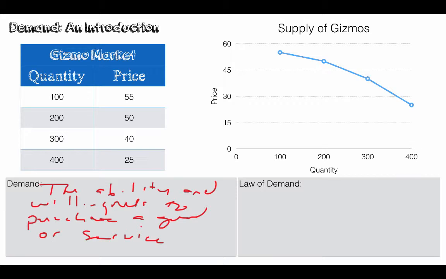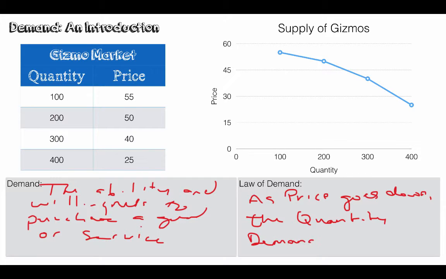The law of demand states that as the price goes down, the quantity demanded increases. Now that allows me to really see what's going on.